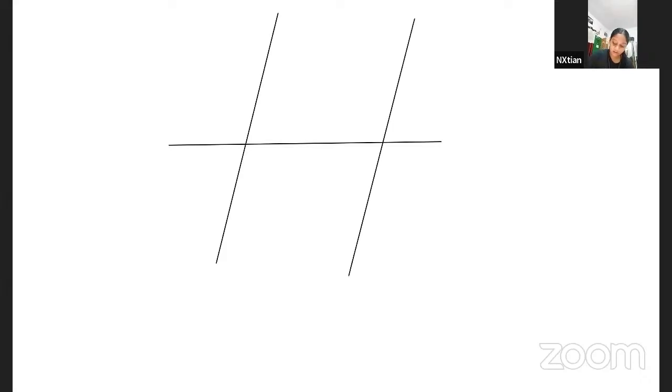So our diagram that will be formed will be like this. This is line L1.